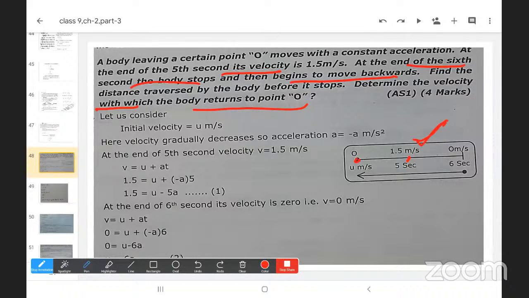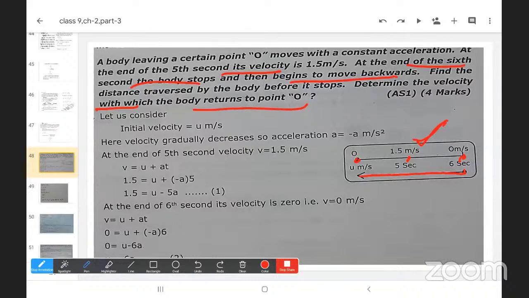At the end of 6th second, the body stops, so 0 meter per second, and then it begins to move backwards and again reaches the point O. We need to find the distance traveled by the body before it stops, and the velocity with which the body returns to point O.